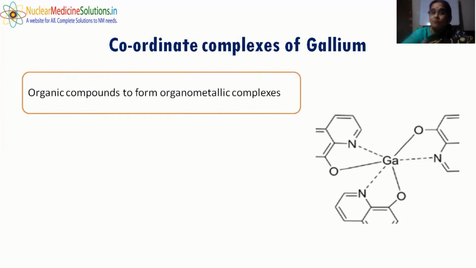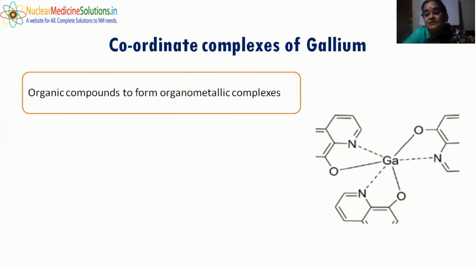What do they form complexes with? They form complexes with organic compounds to form organometallic complexes. As you can see here, we know that gallium is a Lewis acid which does not have the cricket bat and ball, that is, those lone pairs of electrons.